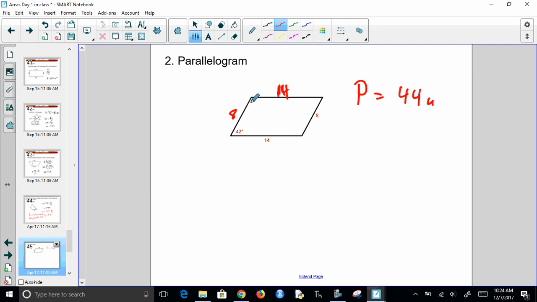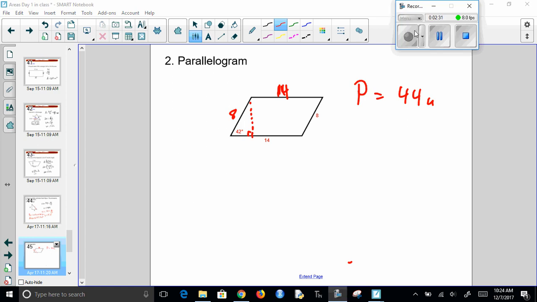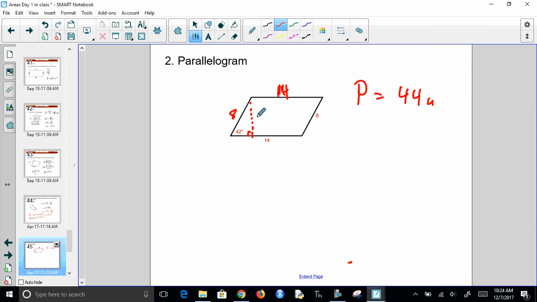Now, this would be great if we had this value. When that drops down, we know it makes a right angle. So that's our height here. So that's opposite over hypotenuse. So I can say the sine of 42 is equal to h over 8. Cross multiply, 8 times the sine of 42.